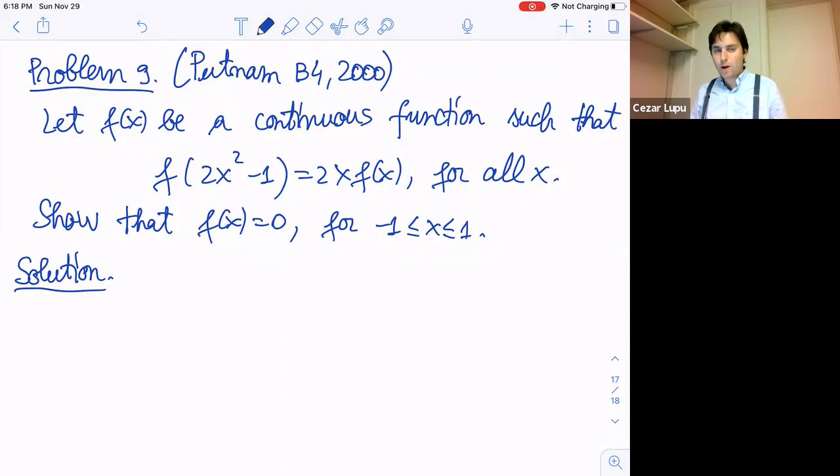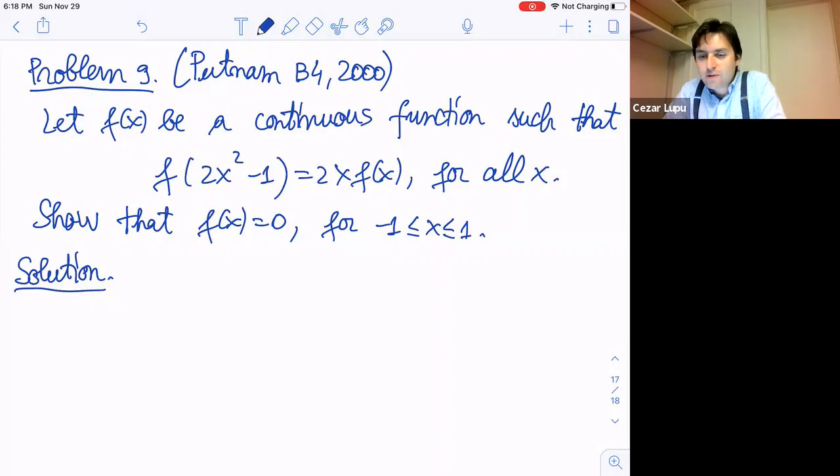It's kind of a weird one, but maybe it will ring a bell. If you know some trigonometric identities, maybe it will ring a bell, because you see 2x squared minus 1 comes from a trigonometric identity. What was that trigonometric identity?